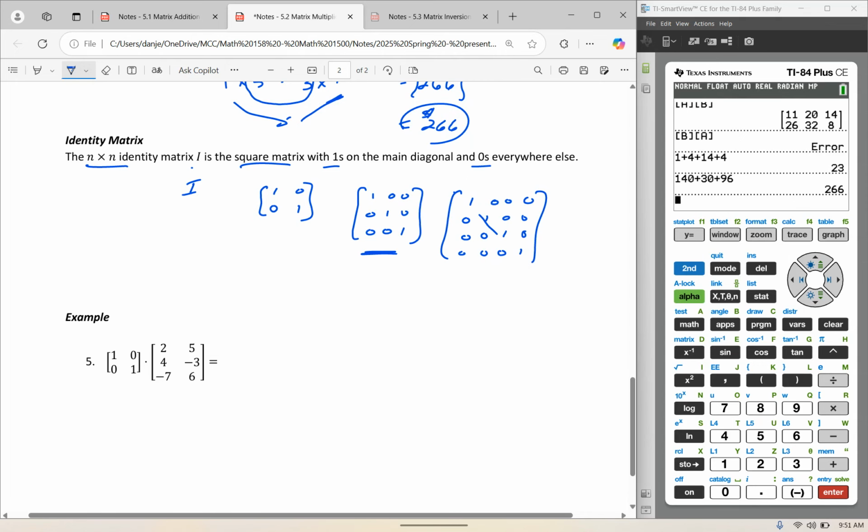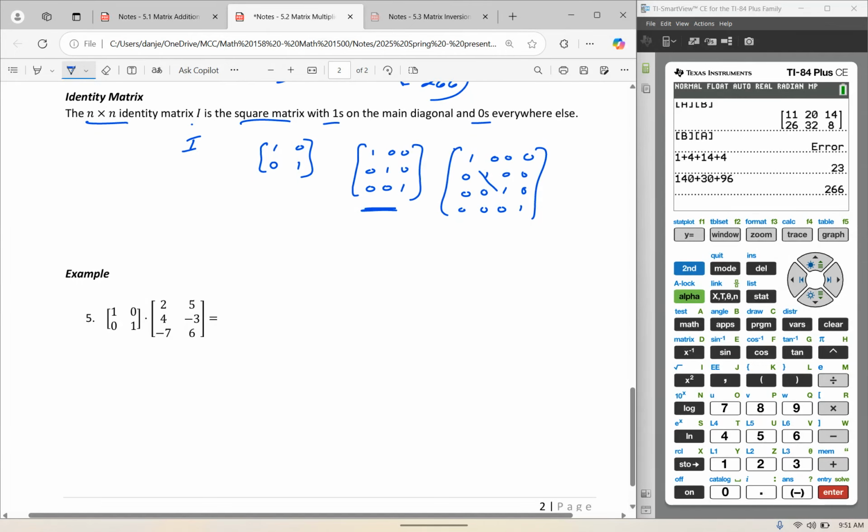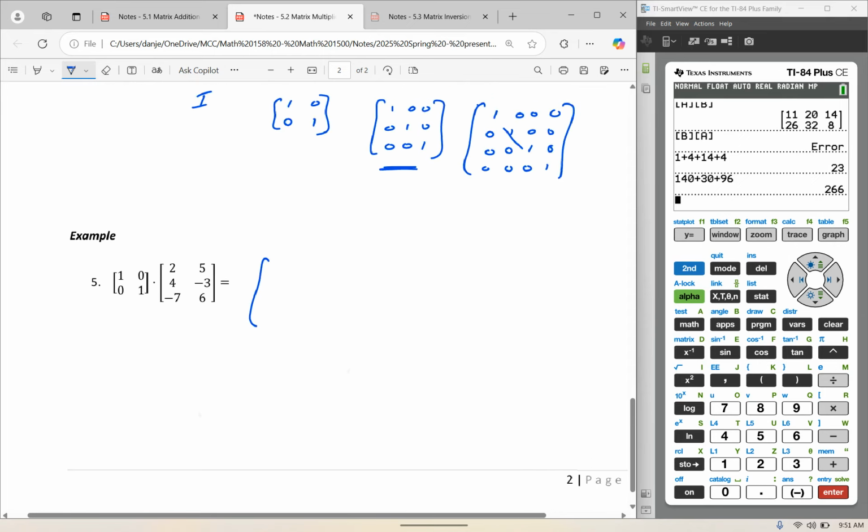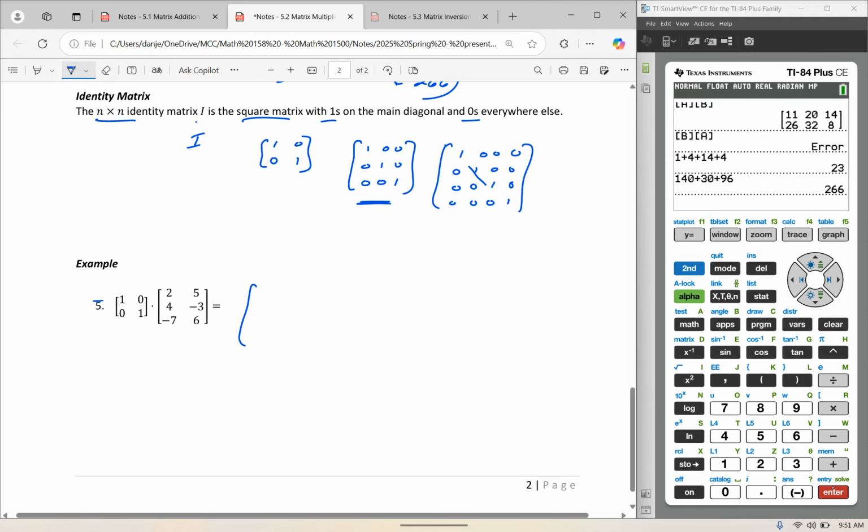And what I want to show you simply is that if I multiply by the identity matrix, nothing will change. Okay? So if I do this matrix multiplication, I'm going to multiply the first row by the first column. Which actually I can't do because I have a 2 by 2 times a 3 by 2.